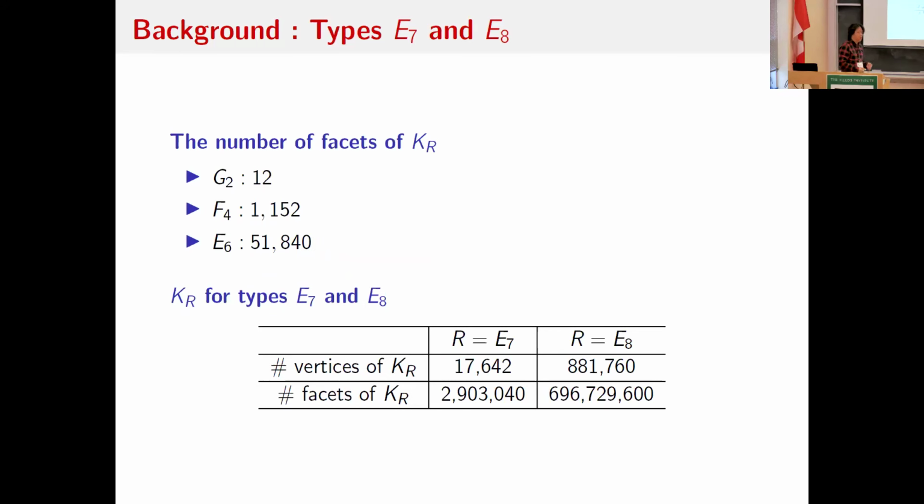For G2, there are only 12 facets, for F4 almost 1,000 facets, and for E6 almost 50,000 facets. But for E7 there are almost 3 billion facets, and for E8 almost 700 million facets. Because of that, we cannot obtain the subcomplex K_S from K_R directly.